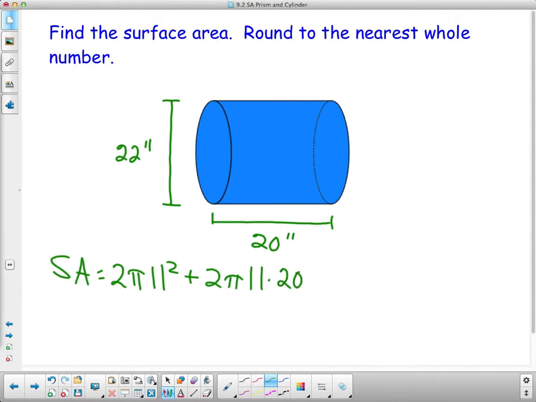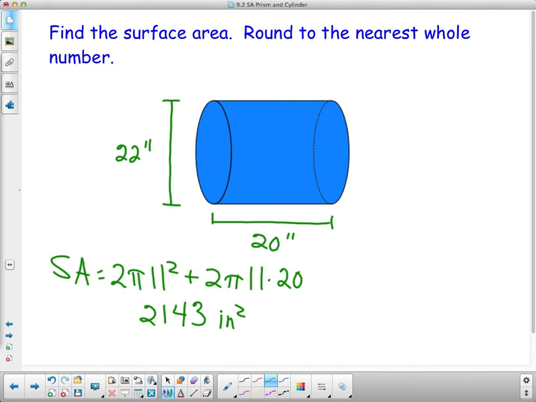Okay, if you followed my numbers, 2,143 square inches. I didn't get that. You didn't? I got that. We're a little bit off probably because I used the pi button and you used 3.14.